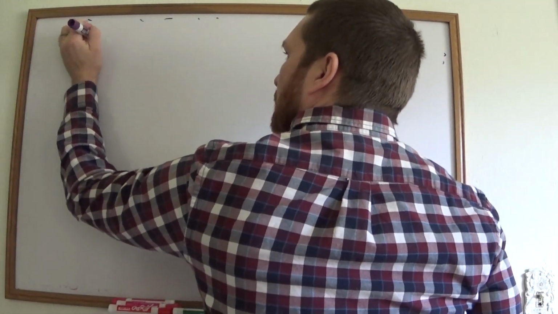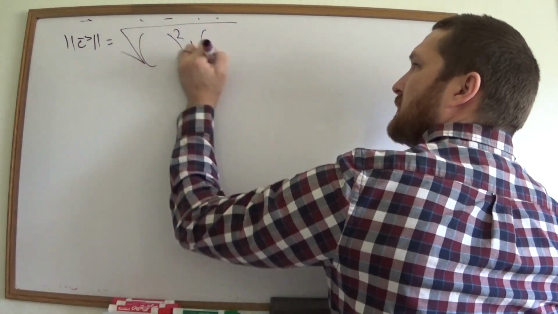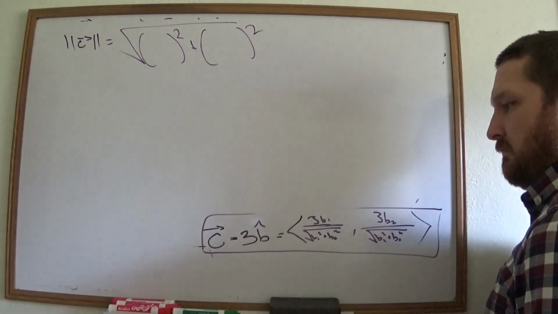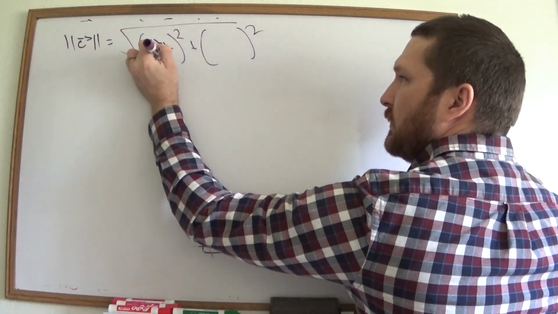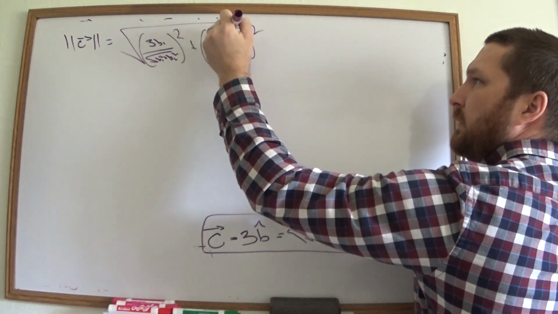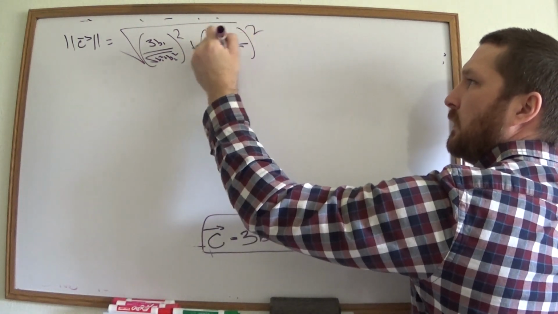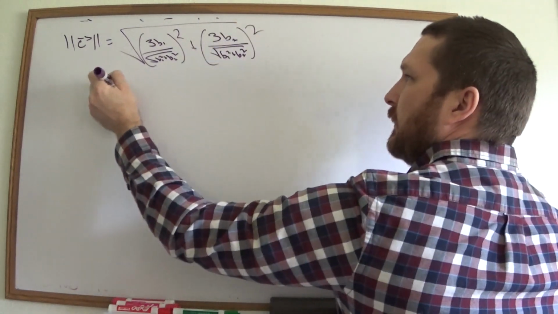Magnitude of C is equal to the square root of some stuff squared plus some stuff squared. This stuff is that, so we have 3b1 over the root of b1 squared plus b2 squared, and 3b2 over the root of b1 squared plus b2 squared.